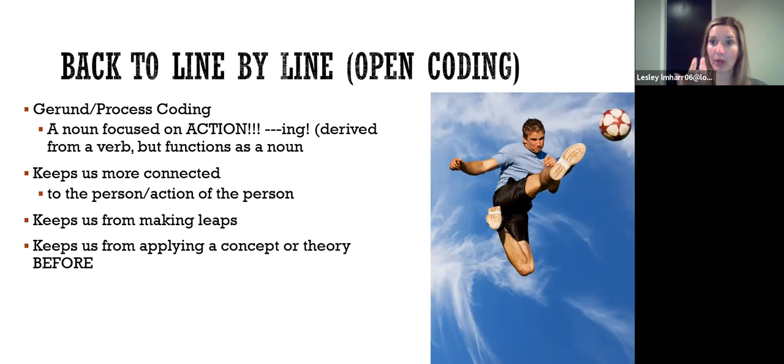It's a central part of our coding process. It keeps us more connected to the person and the action of the person. It keeps us from making leaps. It keeps us from labeling. It keeps us from applying an existing concept or theory before we really understand what's going on in the data.